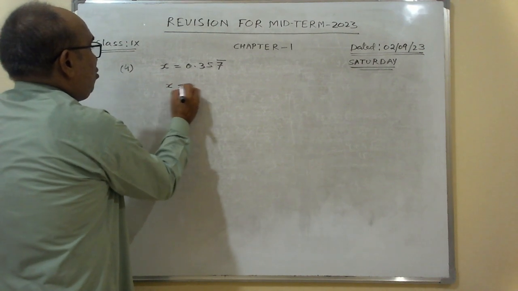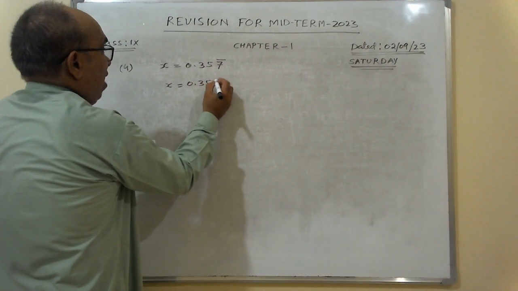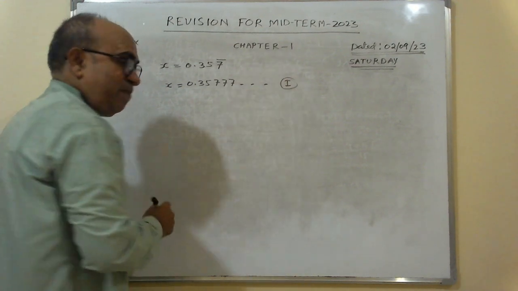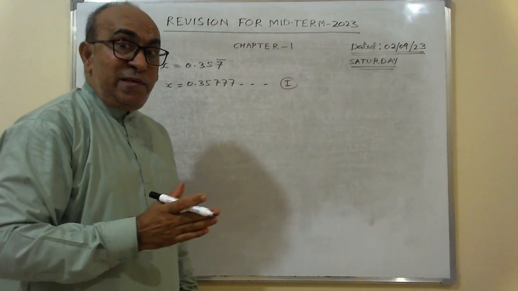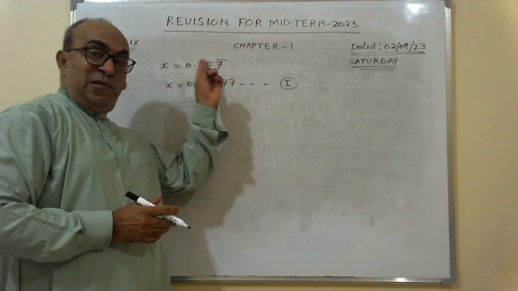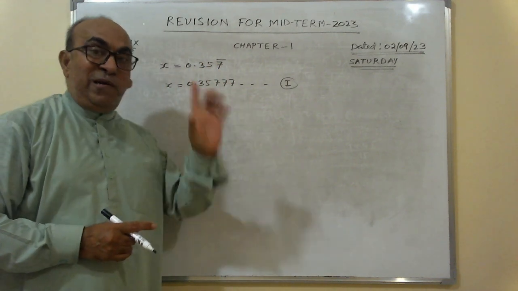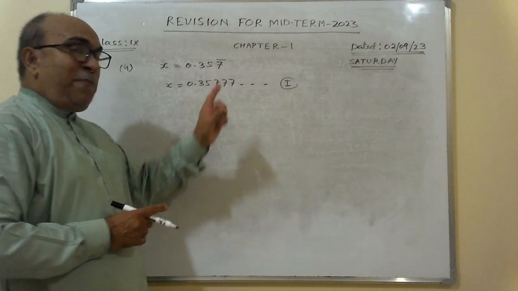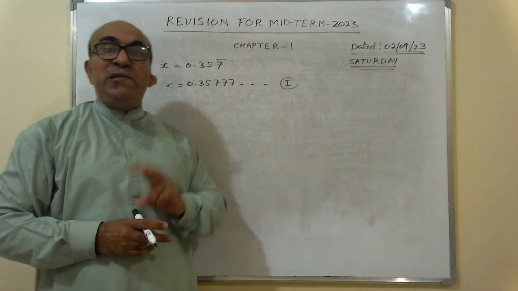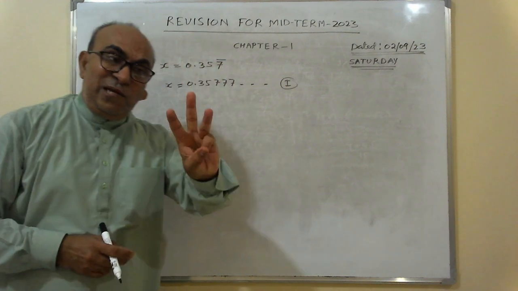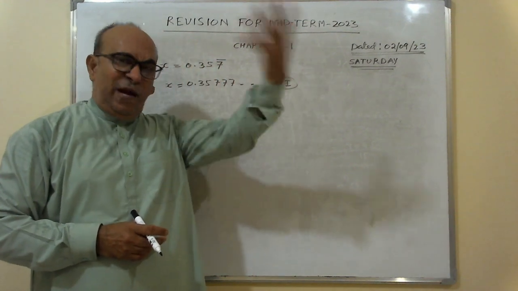So x equal to 0.35777 and so on, equation 1. Then the rule is, if one digit is there under the bar sign, multiply equation 1 by 10. Under the bar sign, if there are two digits, multiply by 100. If 3 digits are under the bar sign, multiply by 1000 and continue like this.